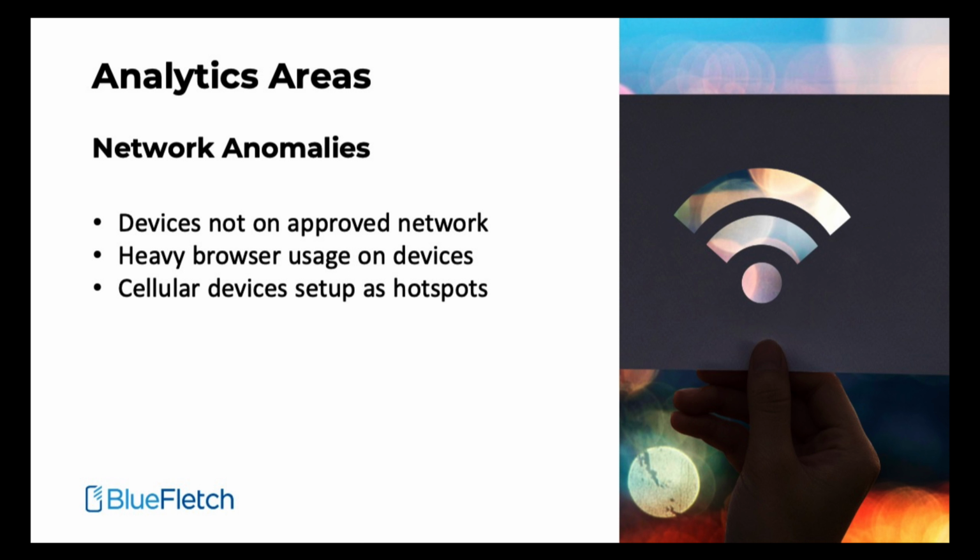Also, heavy usage of a browser. Most likely this device is going to be running some native apps or some web apps. But if someone's just browsing different websites heavily throughout the day, that's probably something that needs to be addressed. Either they're not doing their job or they're basically trying to push the boundaries of what they can and can't do on the device.